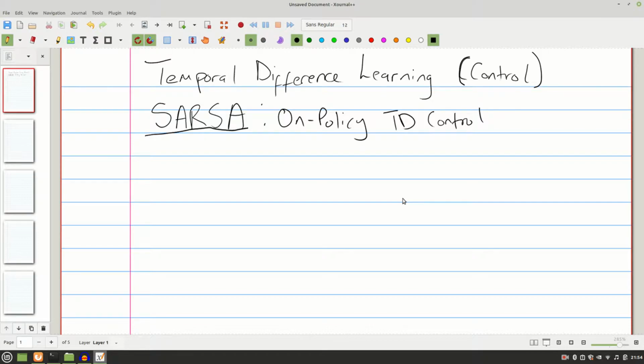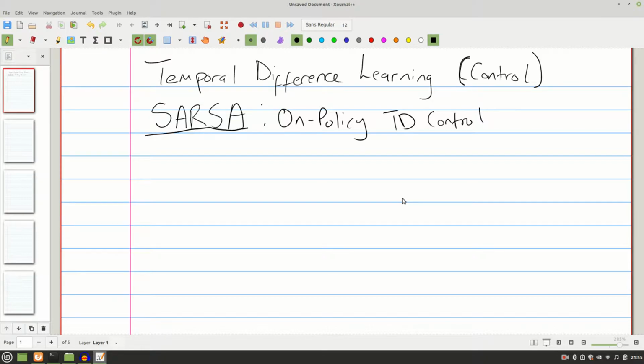The first thing we need to note is that we are just extending what we looked at in the last lecture, except that when we were looking at the prediction problem, we were estimating the value of a given state, but now we are trying to estimate action values, because this is usually what we do when we're dealing with control problems.